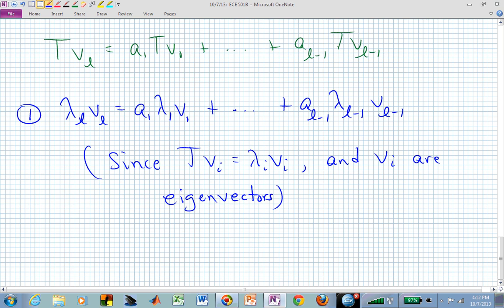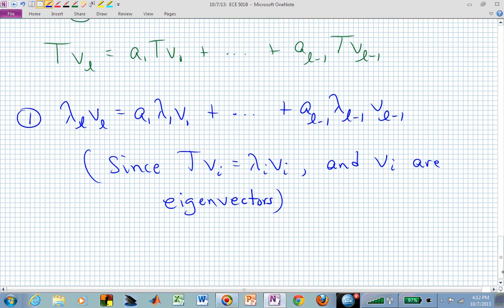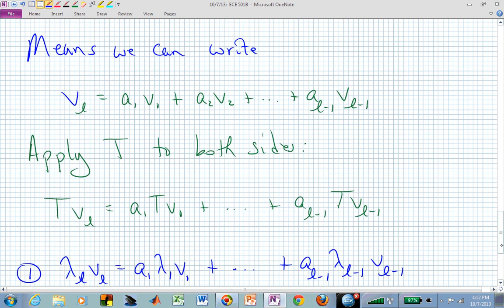Now, we can also go back to this governing relationship for v sub L, and we could multiply that by a constant.